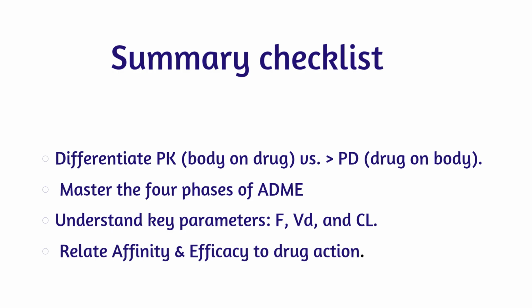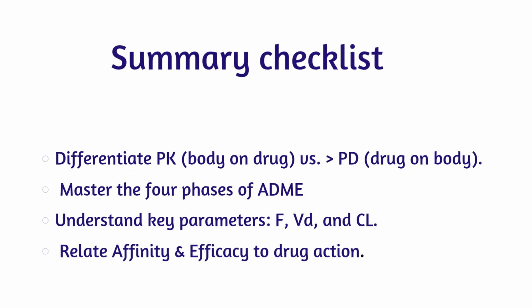Next, have those 4 phases of ADME down cold and then know what your PK parameters, F, Vd, clearance, are telling you. Finally, you connect it all to the drug's effect by thinking about its affinity and efficacy. This right here, this is the scaffolding for your entire clinical thought process.